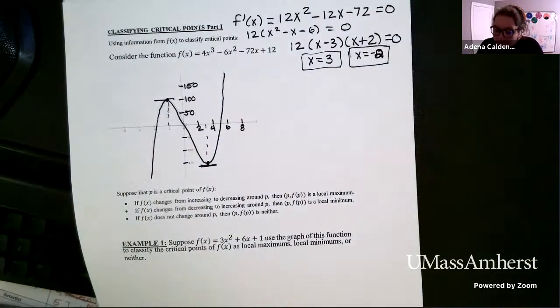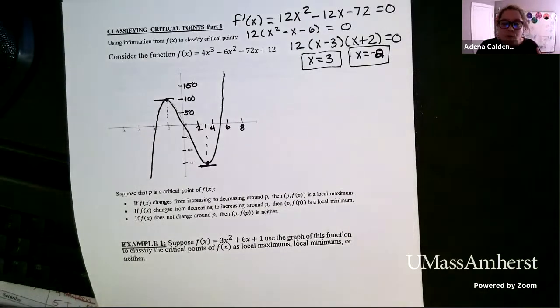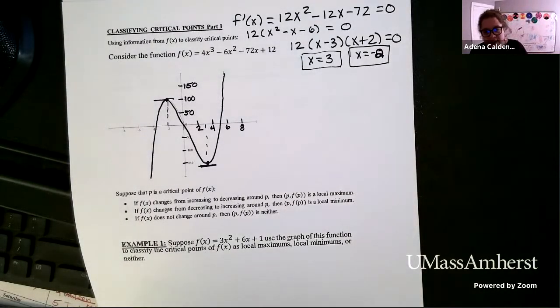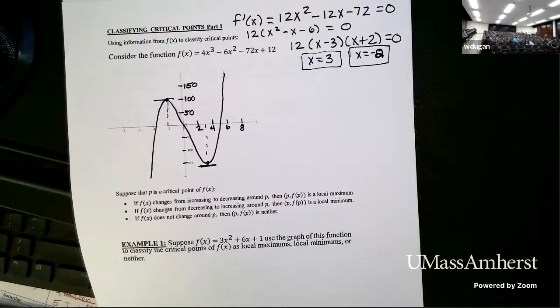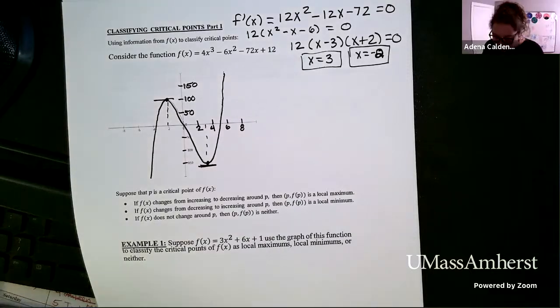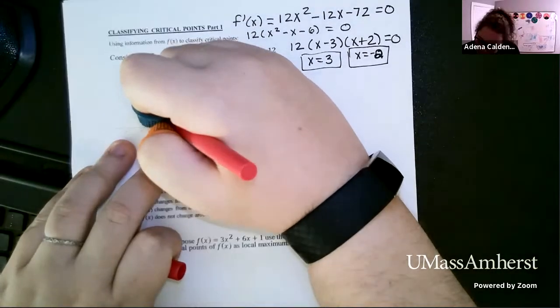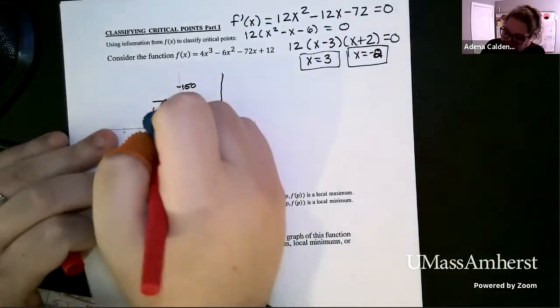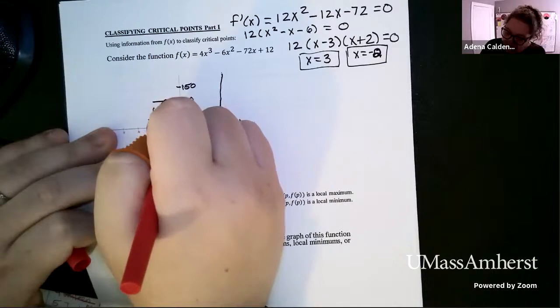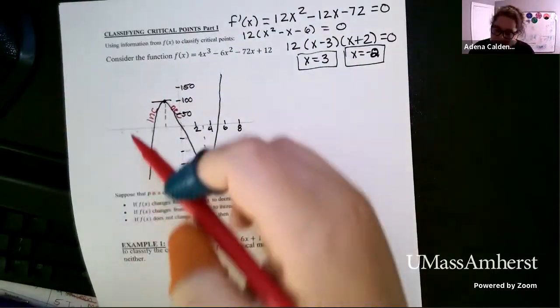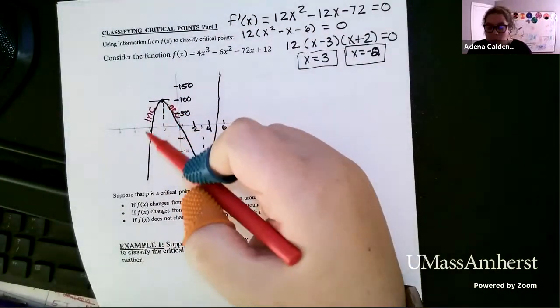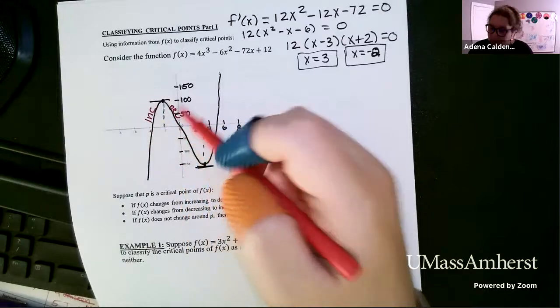Okay, and we are literally graphing our function with this test to see if it's increasing or decreasing around the critical point. So if we look at -2, we see that to the left we are increasing, and to the right we are decreasing. We can see very visually that this is a local max because it's this hill.